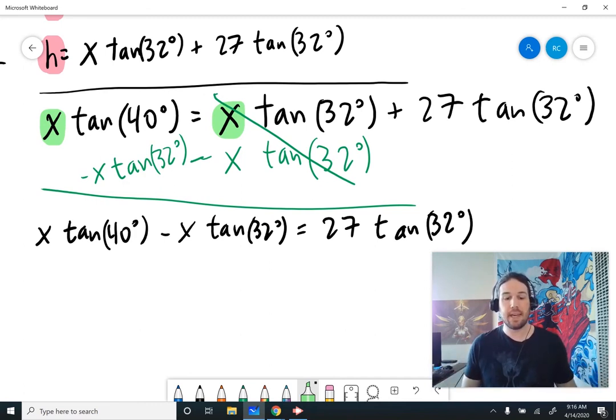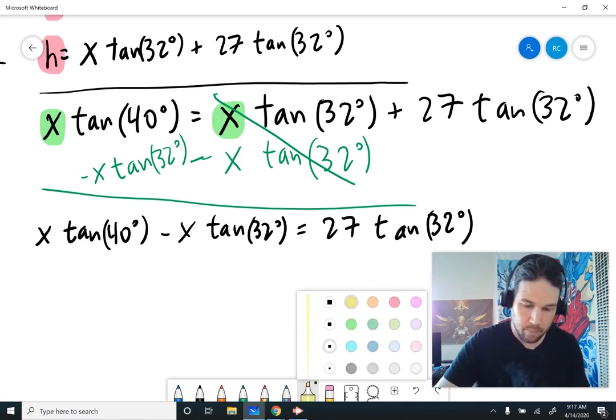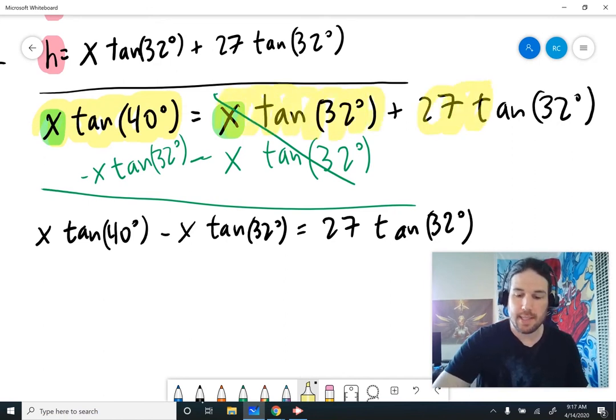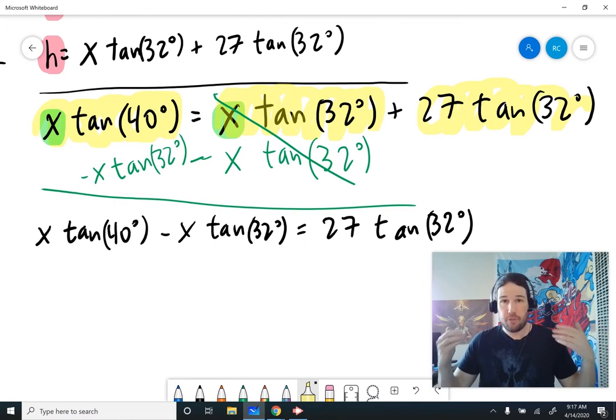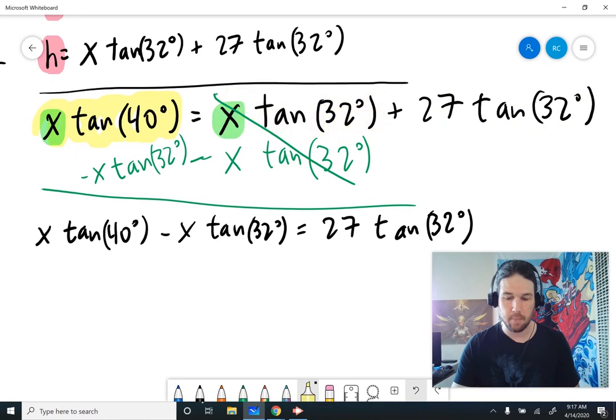This is the same thing as if it was 3x equals 5x plus 20 or something like that. The shape of it is exactly the same. The fact that we're using these weird numbers, tangent 32 degrees, tangent 40 degrees, doesn't actually change anything. So try not to let that confuse you.